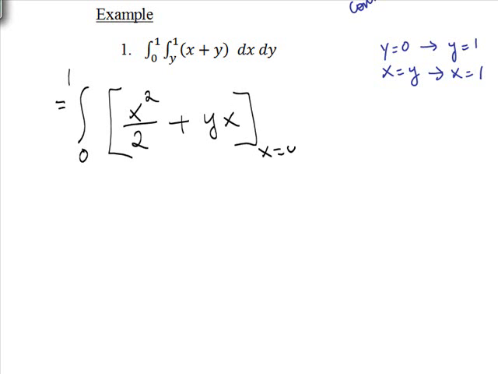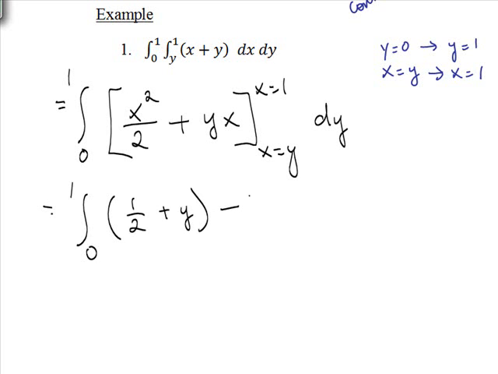So x goes from y to x equals 1, dy. Let's work this out, 0 to 1. Put 1 for x, so that's a half, plus y, minus, put y for x, y squared over 2, plus y squared, dy.